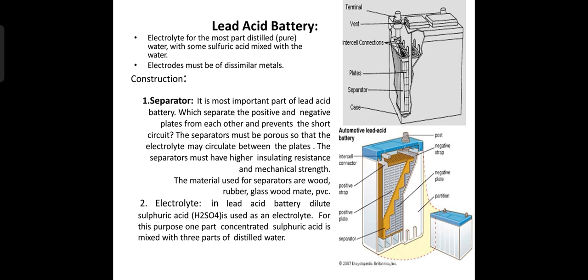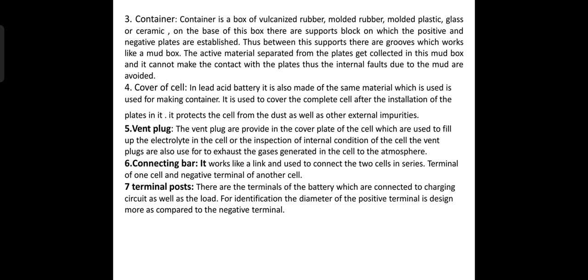As you see in the diagram, the automotive lead acid battery and container. A container is a box of vulcanized rubber, molded plastic, glass, or ceramic. On the base of this box, there are support blocks on which the positive and negative plates are established.